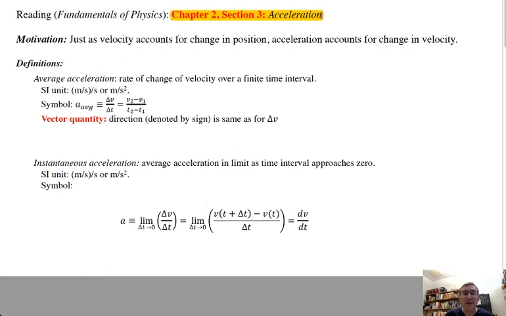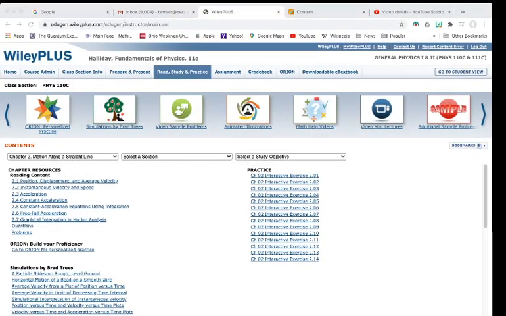Let me show you what that looks like if you log into the Wiley+ site. When you click on Read, Study, and Practice on the Wiley+ site and choose from the Contents drop-down menu Chapter 2, Motion Along a Straight Line, which is the chapter we're studying, you get this page that you see before you now, and you click on, under Reading Content, 2.3, Acceleration.